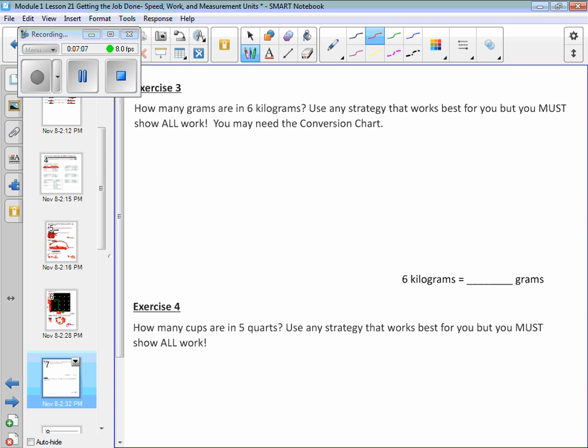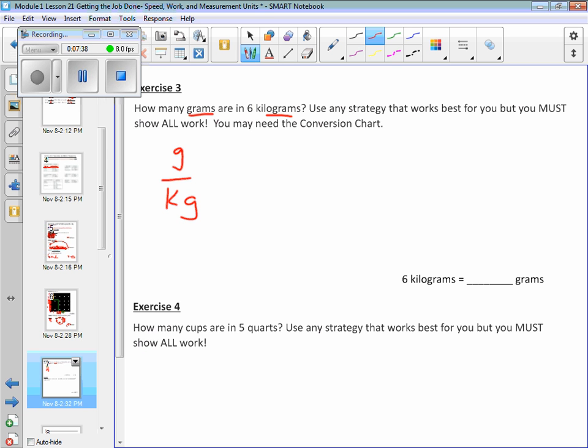How many grams are in 6 kilograms? First thing I want to do is just set up my template. Grams and kilograms. Next thing, go to the chart. So everybody do that. Tell me what the gram to kilogram given ratio is. Evan, what do you got?